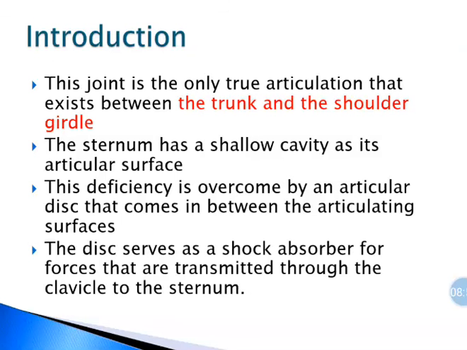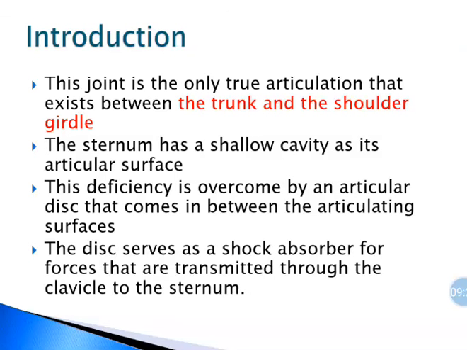And this deficiency is overcome by an articular disc that is placed between the articulating surfaces, that is sternum and clavicle. So the disc serves as a shock absorber for the forces that are transmitted through the clavicle to the sternum.